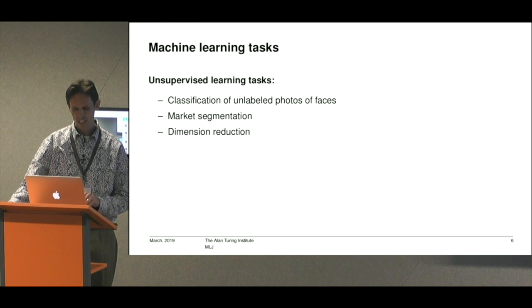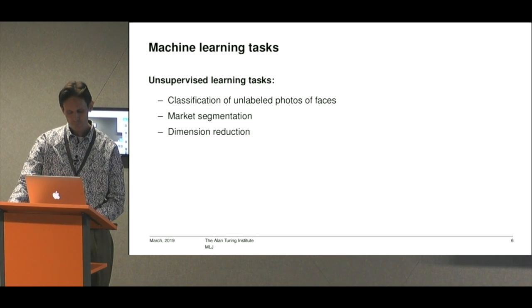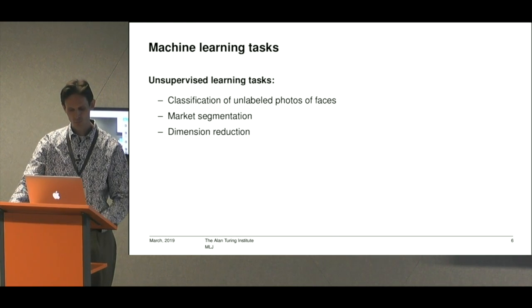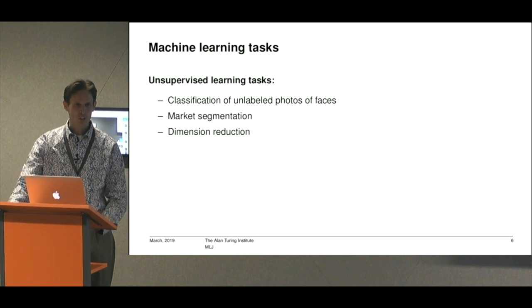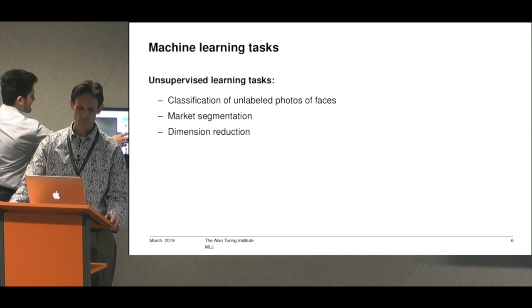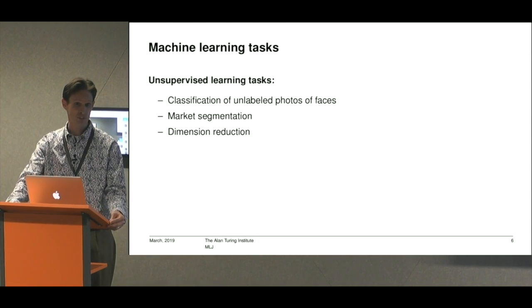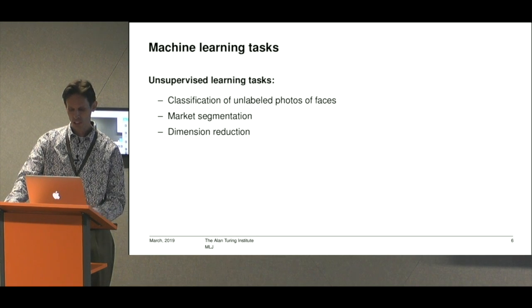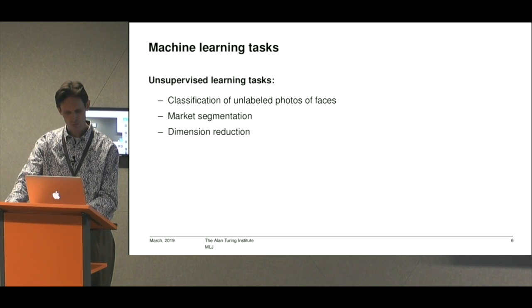And so that's an example of unsupervised learning. It's a special case of what is called in the field dimension reduction. You've got lots of variables, too many variables for your supervised learning task, for example, to handle. So you want to reduce the number of variables. So that's what unsupervised learning is another example of.